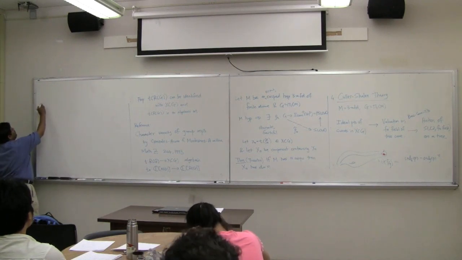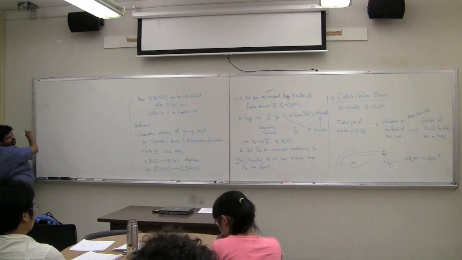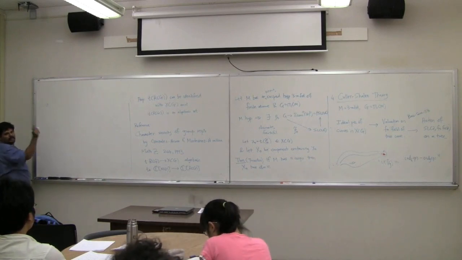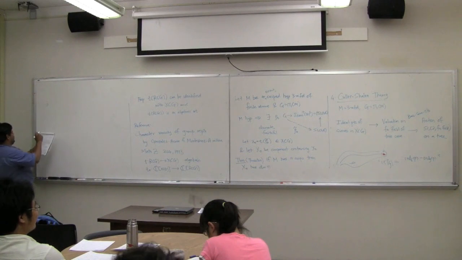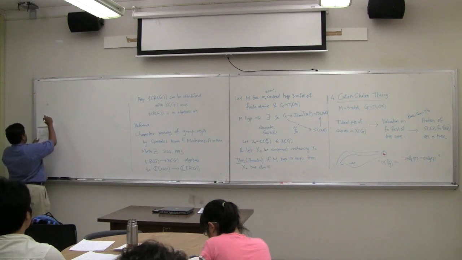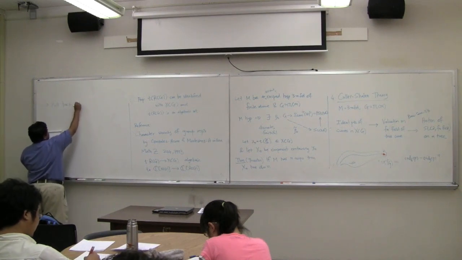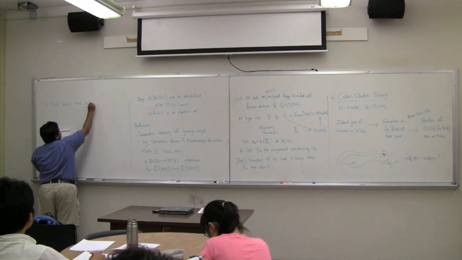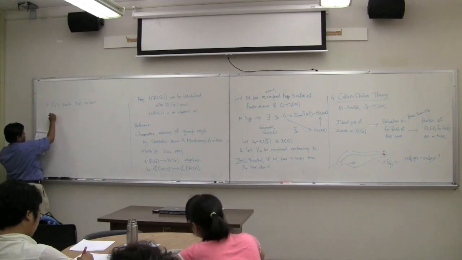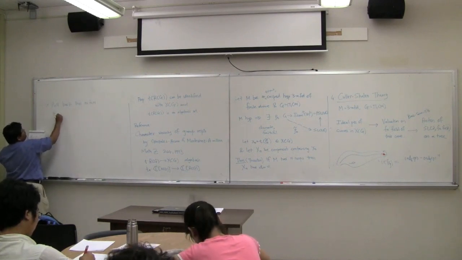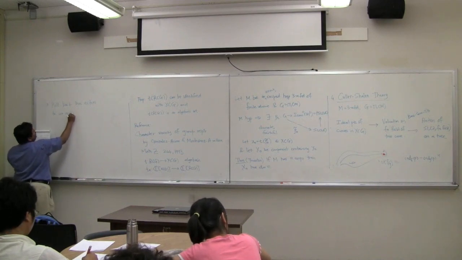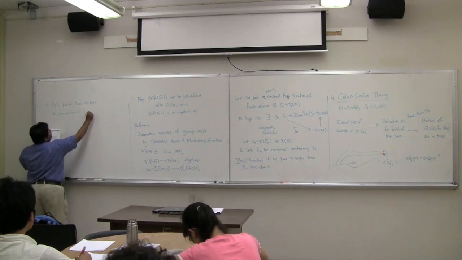Because you can now pull this action back. So imagine I'm on a torus boundary. Now you can pull this action back to an action of G on a tree.